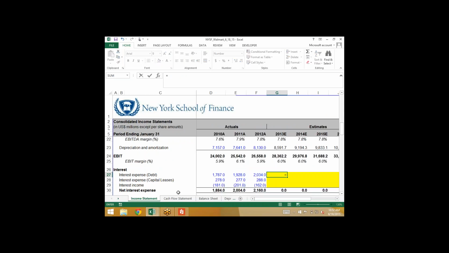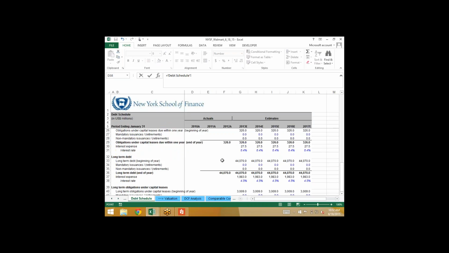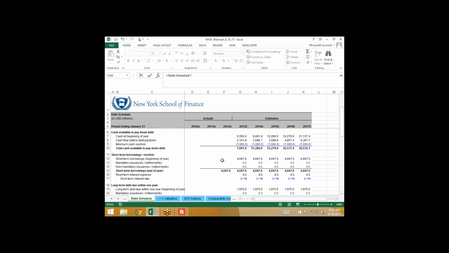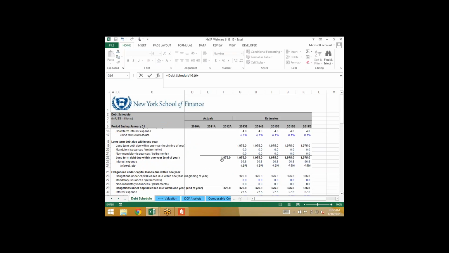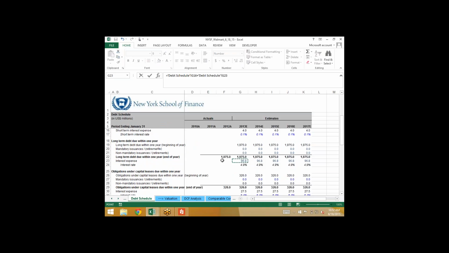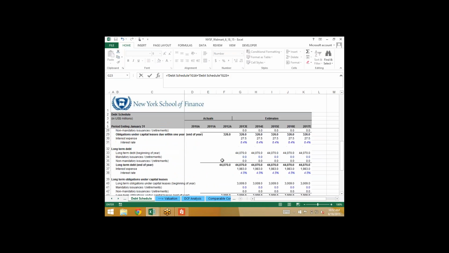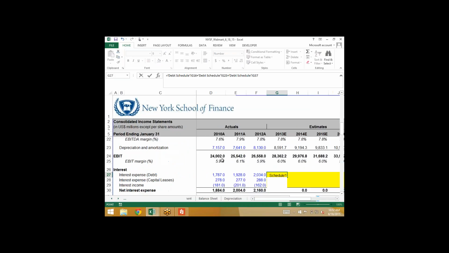So the interest expense on the debts is going to link in from the sum of the interest on the short-term revolver plus interest on long-term debt due within a year plus interest on long-term debt. We can link it in from the three pieces of interest expense.